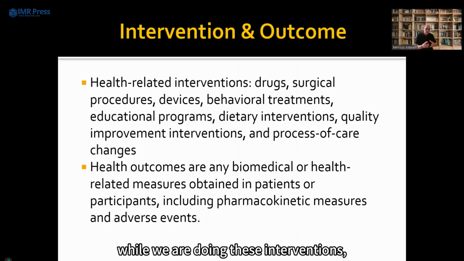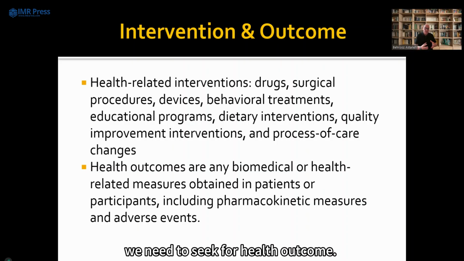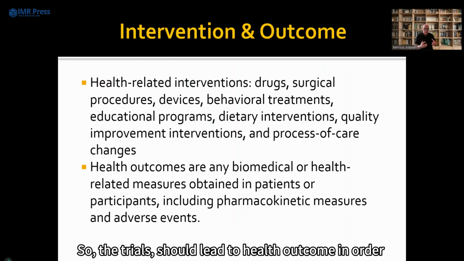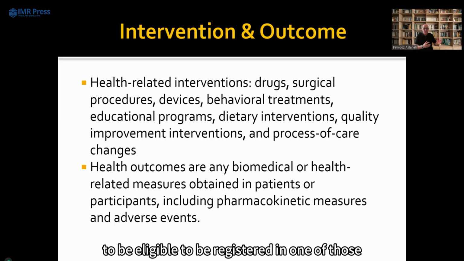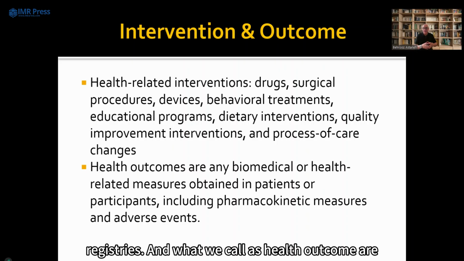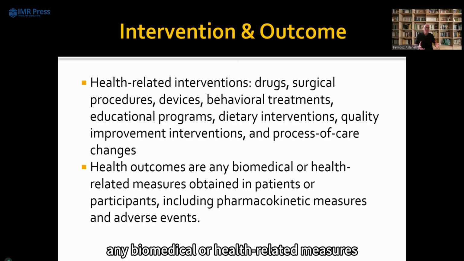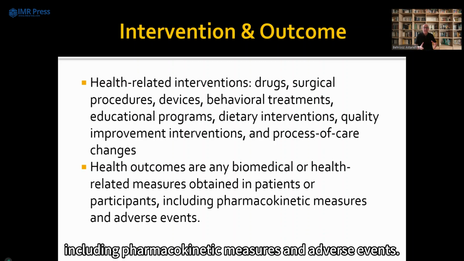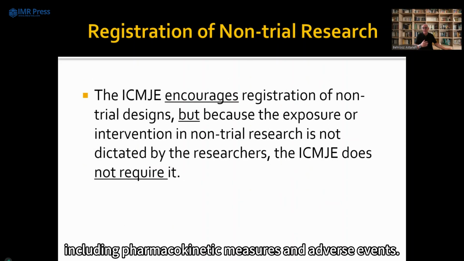And while we are doing these interventions, we need to seek a health outcome. So the trials should lead to a health outcome in order to be eligible to be registered in one of those registries. And what we call a health outcome is any biomedical or health-related measure obtained in patients or participants, including pharmacokinetic measures and adverse events.